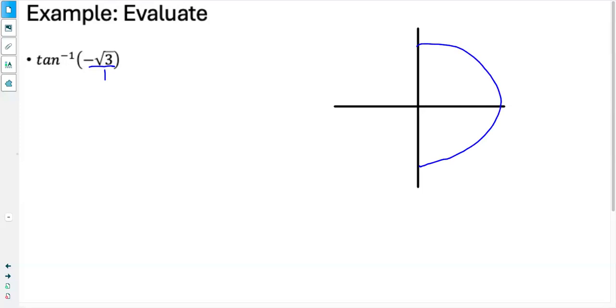So in order to have a negative, it's going to have to be in this quadrant, because in this quadrant, our opposite and adjacent are both positive. So if I'm down here, my opposite is -√3, while my adjacent is 1. We should recognize that as a special triangle. So this would be π/3. So going from here this way would be -π/3.